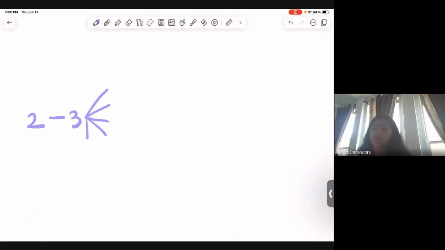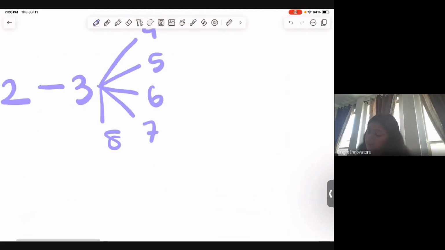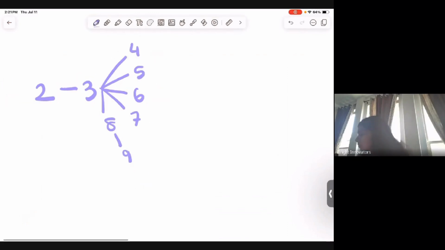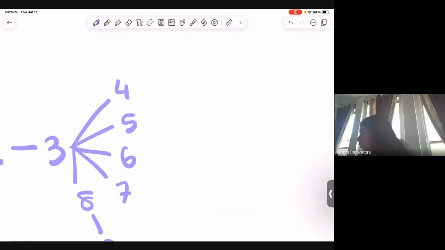The numbers that are bigger than that are 4, 5, 6, 7, 8. And then let's look at this path so far. So it goes from 2 to 3 to 8. And so now the last number has to be 9 because that's the only number that's bigger in increasing order.